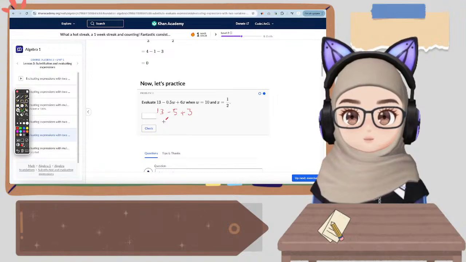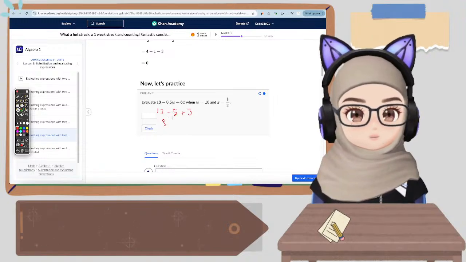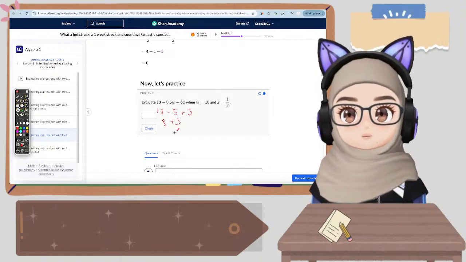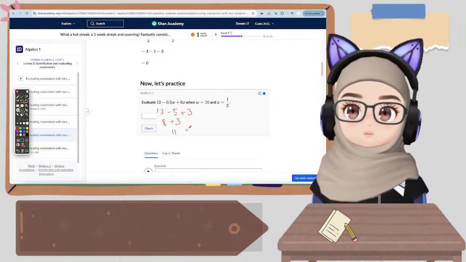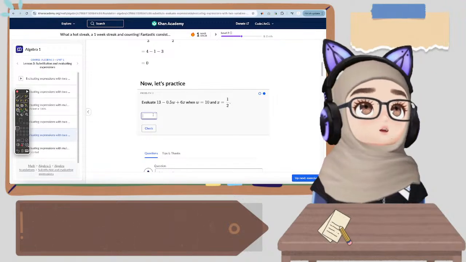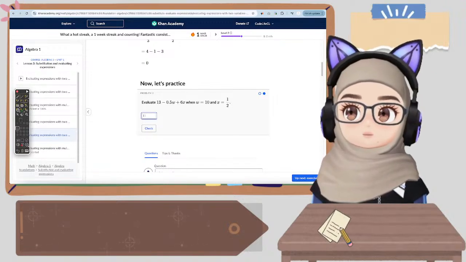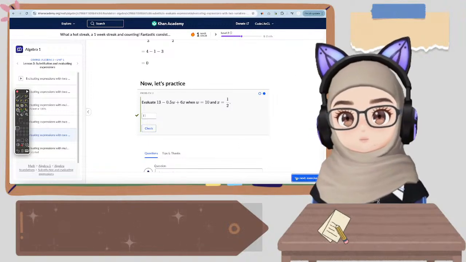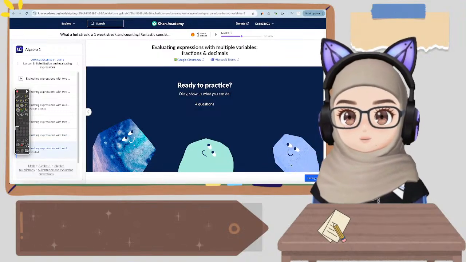That's an 8, is it? Hold up. Yes. Plus 3, that's an 11. Is the answer 11? 11. Yay, I have my mojo back. Okay, good. We can do this.